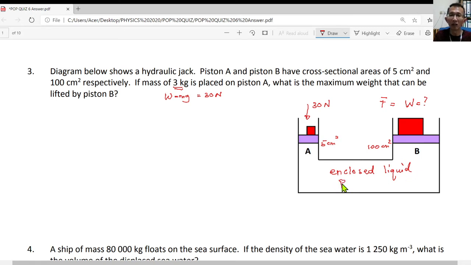The pressure is constant, so pressure must be the same throughout. Meaning my pressure at point A, pressure A, must equal pressure at point B. Who says this? This is what is mentioned by Pascal, Pascal's principle.